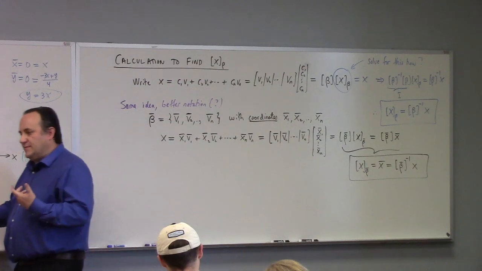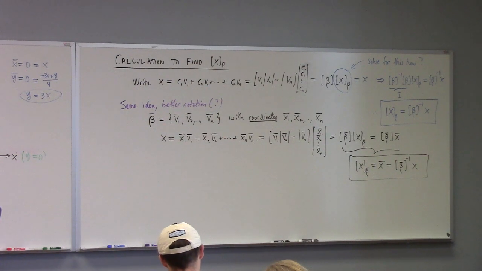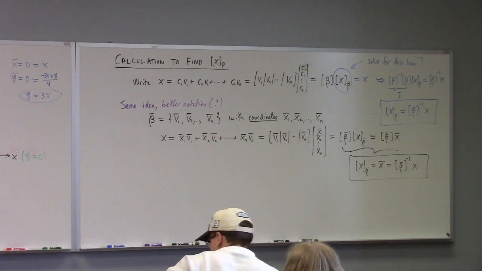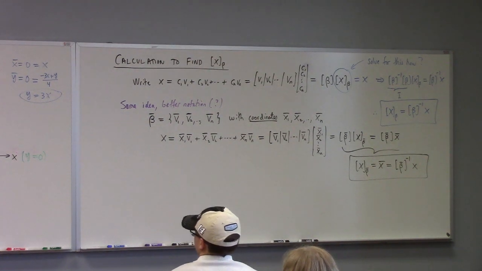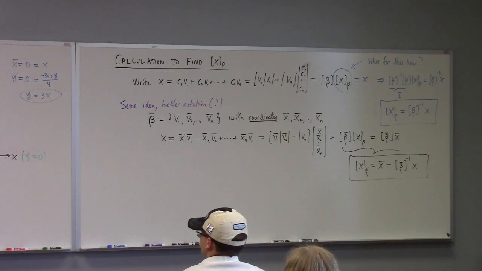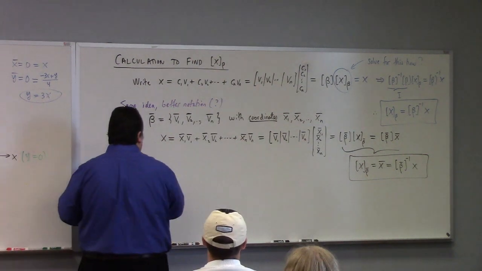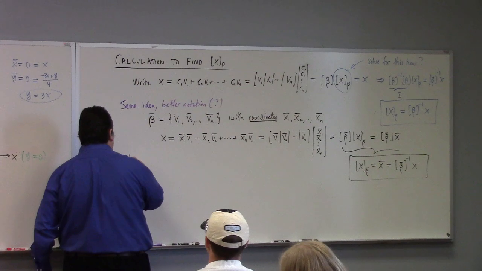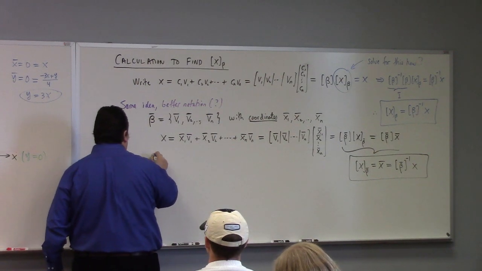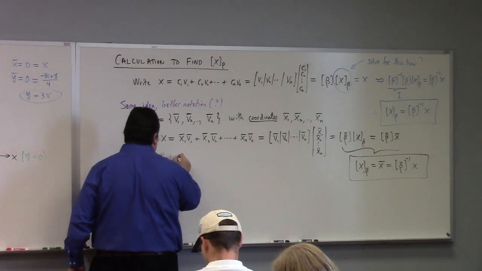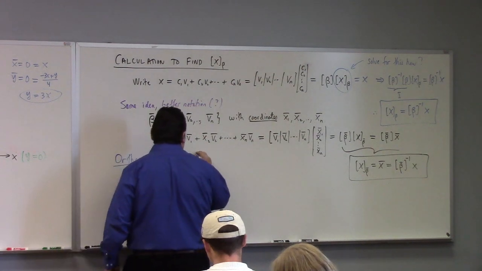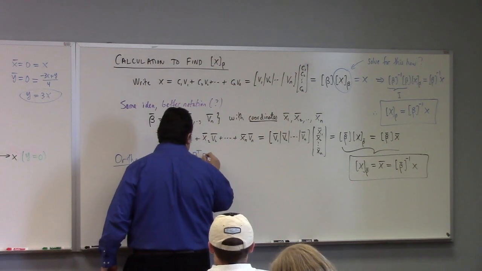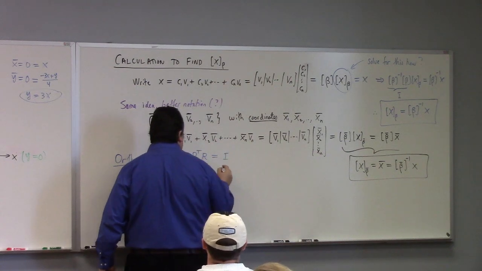Do you guys remember we talked about a special kind of matrix last week, a so-called orthogonal matrix? Remember how that worked? An orthogonal matrix was one which satisfied what? Let me jog your memory. We had R transpose times R equals the identity, right?